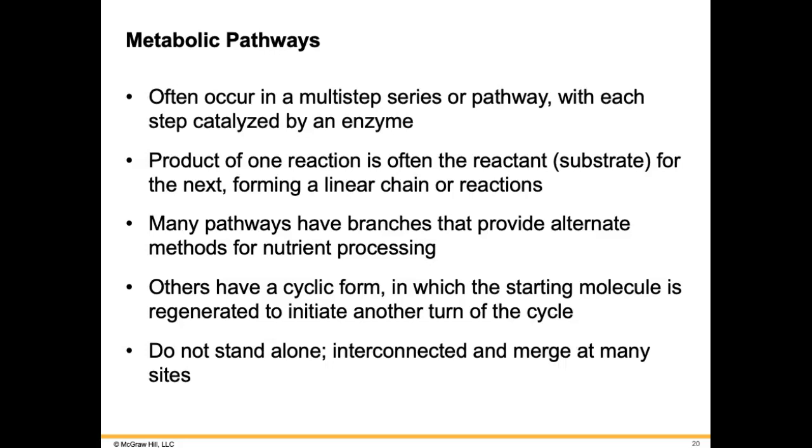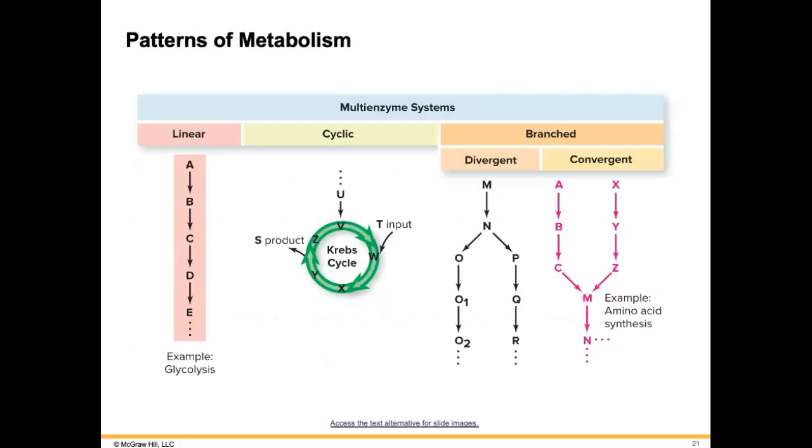These pathways are not individual, standalone. They are interconnected and they merge at many sites. This should look familiar. You should recognize the Krebs cycle and glycolysis. What you should know is that when the Krebs cycle and glycolysis happen, there are enzymes used to break down certain things.